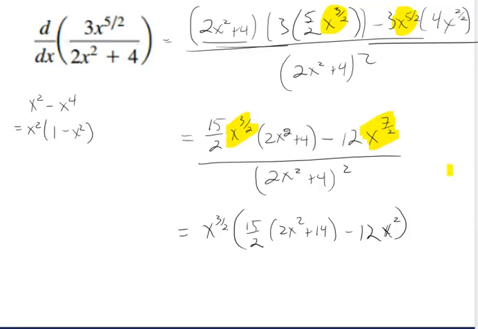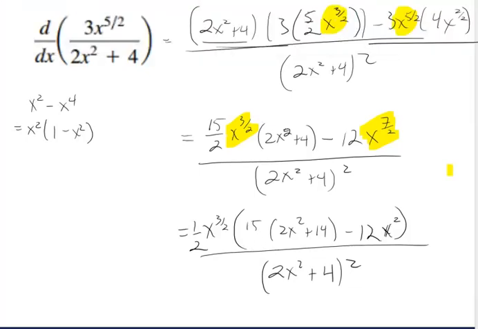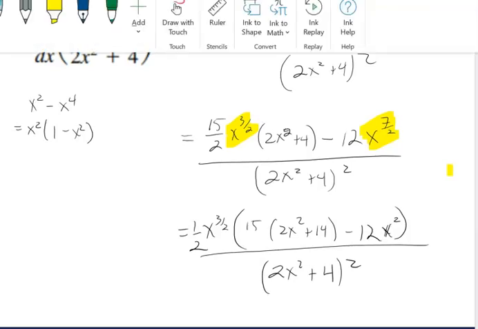And this will happen, and now we have a common factor, or we can do some simplification here. A lot of algebra in this problem. Okay, so what I could do is factor out a 1/2. If I factor out a 1/2, this becomes 15, and 1/2 times what is 12?